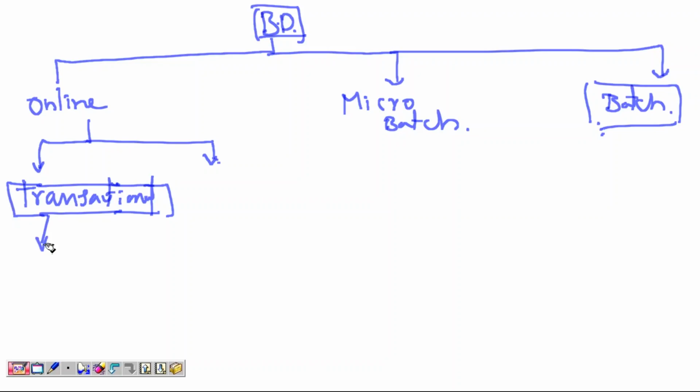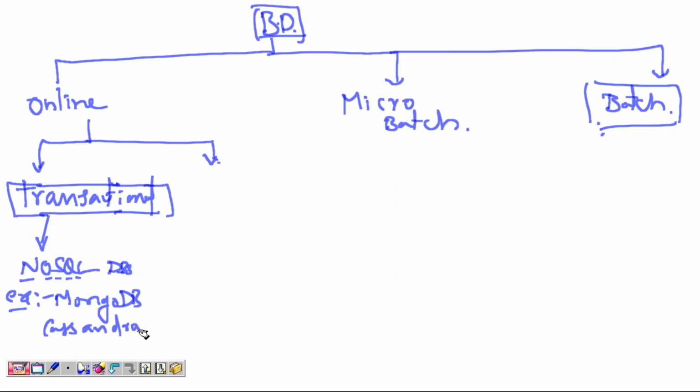These are NoSQL databases. Here NoSQL means not only SQL. Examples for NoSQL databases are MongoDB, Cassandra, Neo4j.